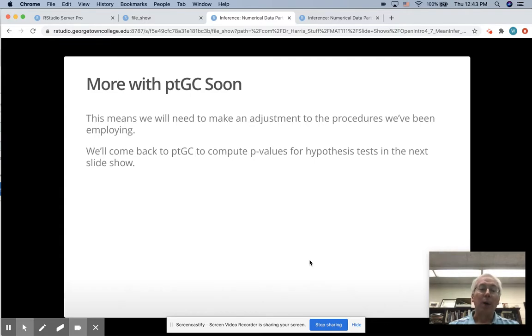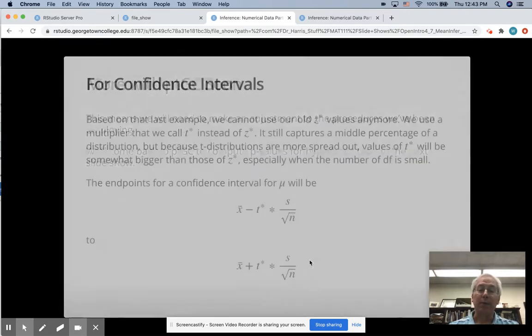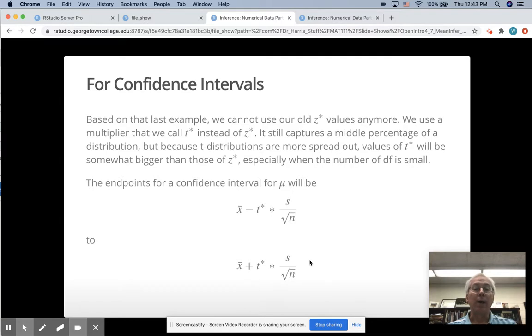So now what are we going to do to compute confidence intervals? Well, we're not going to use z-star, but we're going to use a value called t-star. And so as I say here, it's still going to be capturing a middle percentage of a t-distribution, but the values of t-star are going to be a little bit bigger. We have to go a little bit farther out on t-distributions in order to capture the middle 95%, or the middle 90%, or the middle 99%.